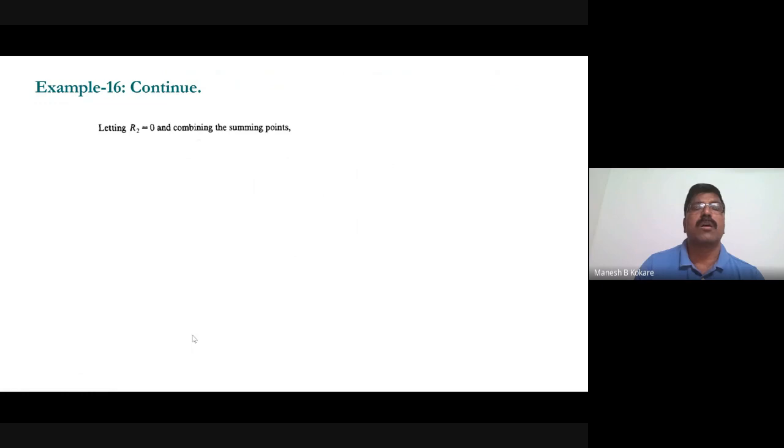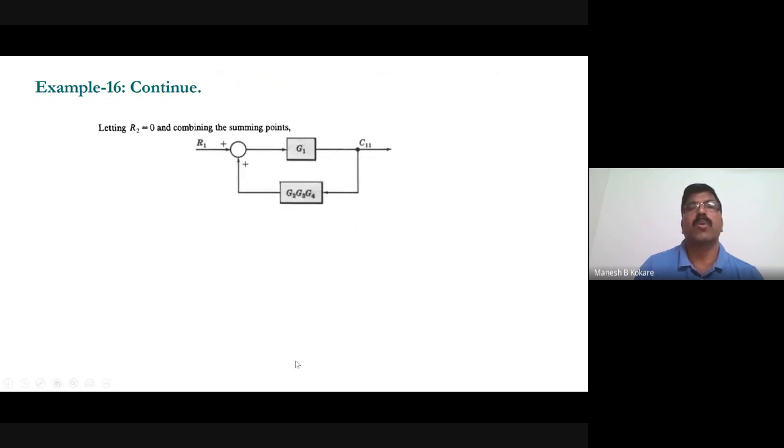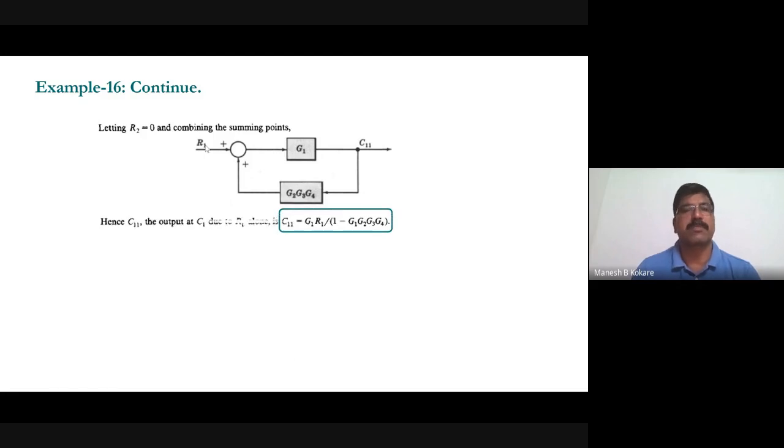So by eliminating this one, what do you get? This positive feedback, and then in loop Z2, Z3, Z4, and then this is in forward path. So this Z1 divided by 1 minus, because of this positive sign, Z1 divided by 1 minus Z1, Z2, Z3, Z4. That will be C1 by R1, right? And so that is the transfer function when you are considering first input.